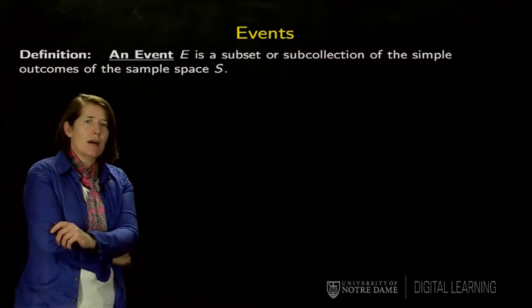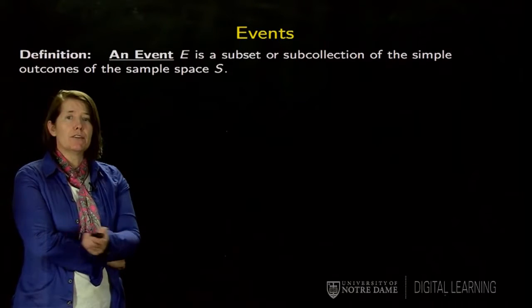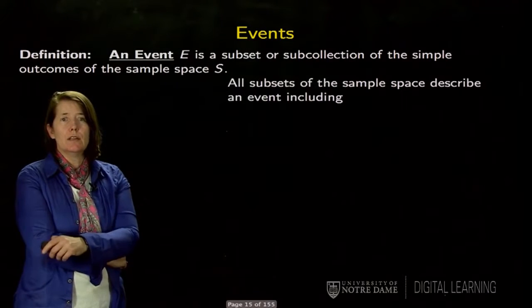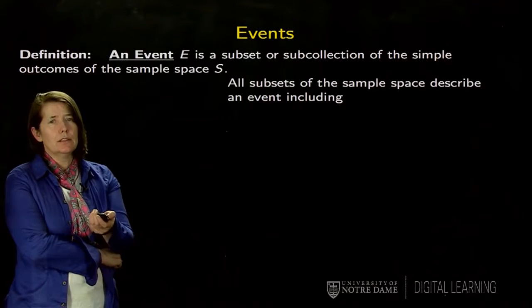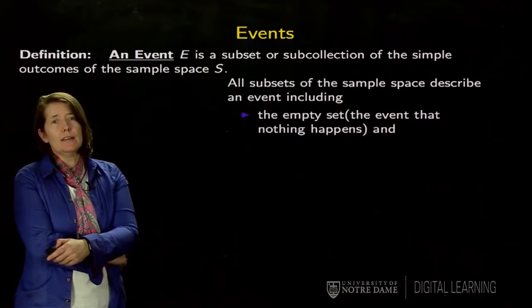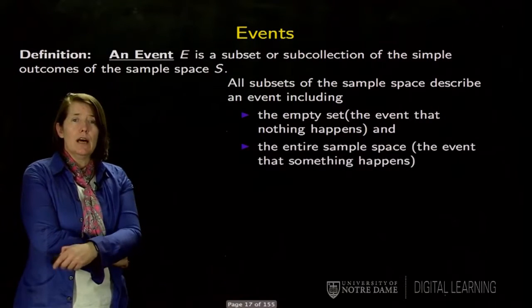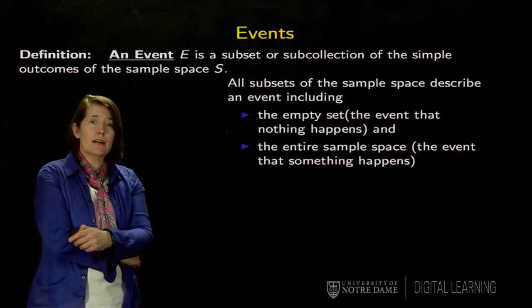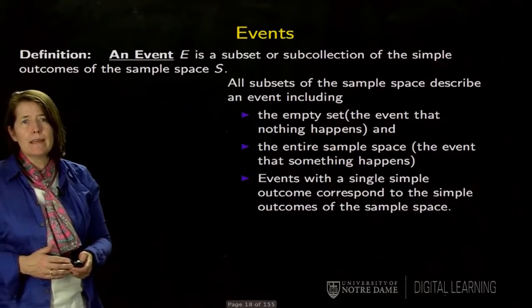An event is a subset or a sub-collection of the simple outcomes of our sample space S. And all subsets of the sample space describe an event, including the empty set, which describes the event that nothing happens, and the entire sample space itself, which describes the event that something happens.